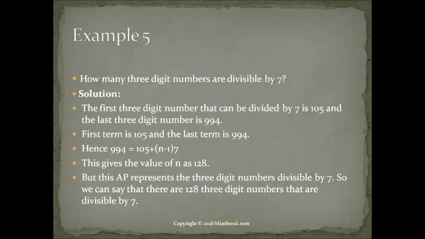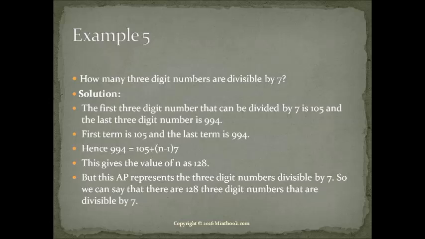Now as per the result that we had derived earlier, that last term is equal to a plus n minus 1 into d, we can write down 994 is equal to 105 plus n minus 1 into 7, because for this arithmetic progression 994 is the last term, 105 is the first term, 7 is the common difference, and we have assumed that there are total of n terms in this arithmetic progression.